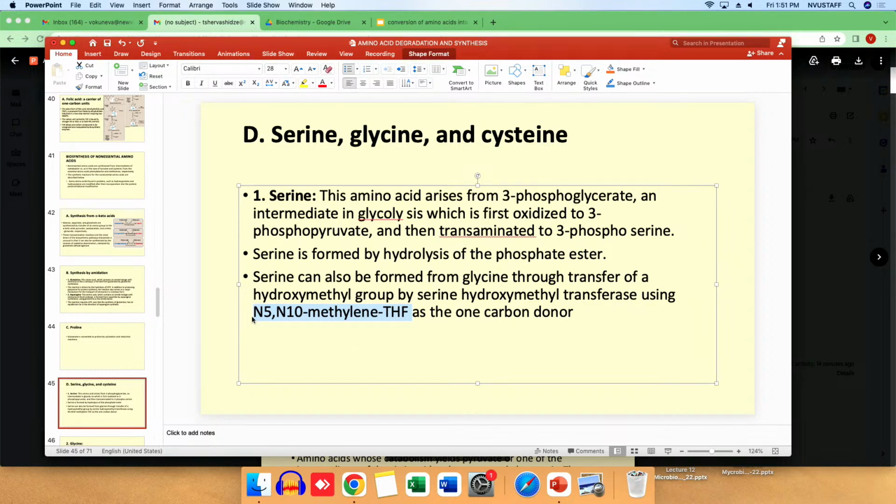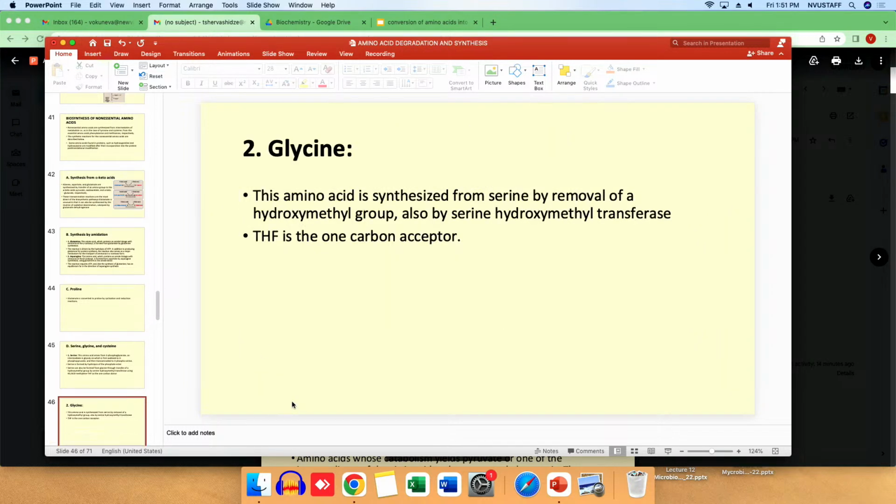That was also derived from folic acid with these different steps that require NADPH, 2 times NADPH. The dihydrofolate reductase. I hope you remember this one. N5, N10 methylene tetrahydrofolate will work as a donor of 1 carbon, 1 methyl group donor, to give us serine.